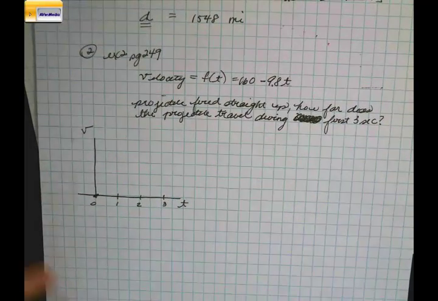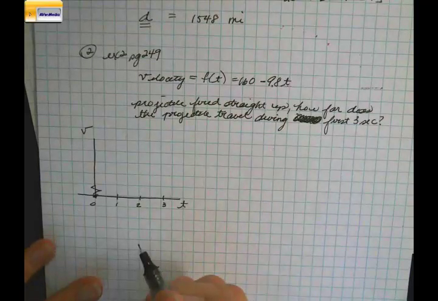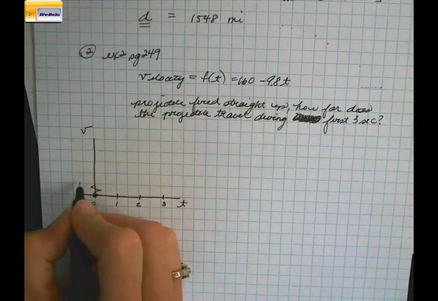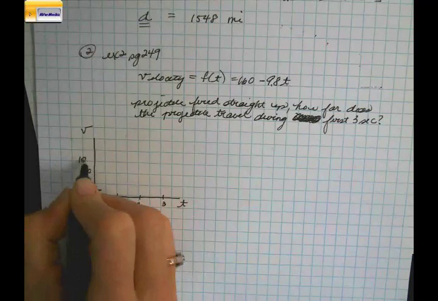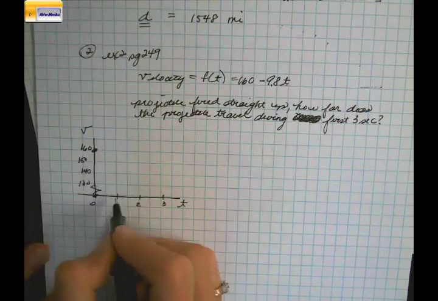160 minus 9.8. Let's kind of jog this thing here, because at time 0 you're at a height of 160. At time 2 you're coming down. At time 3 it's still going to be up there. So let's go from 130 to 140 to 150 to 160, because at 0 you're at 160.